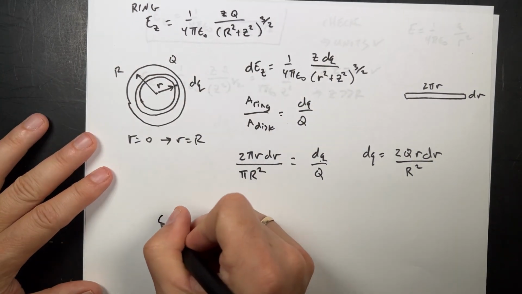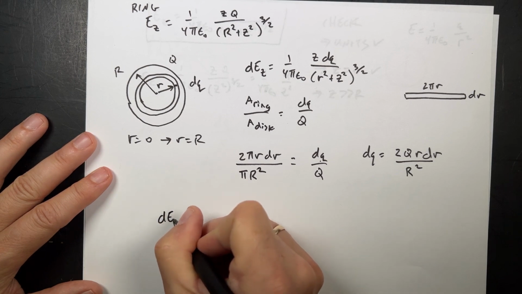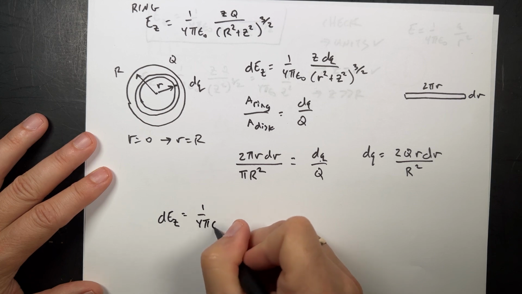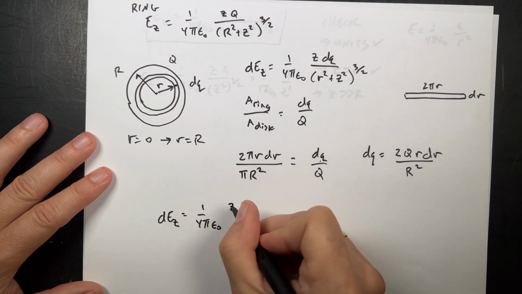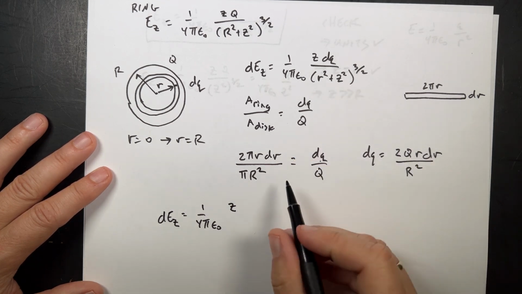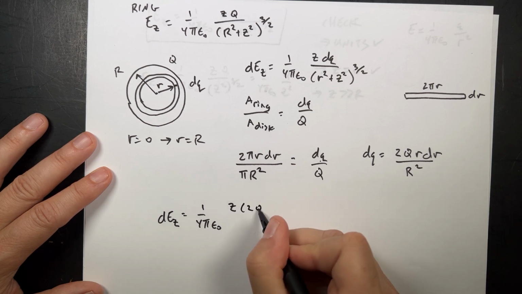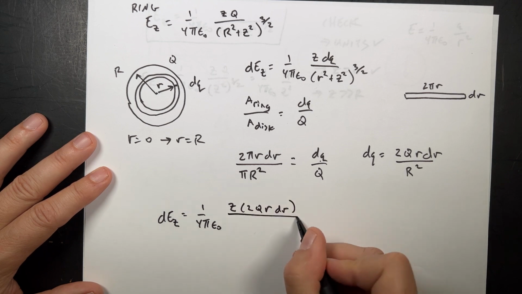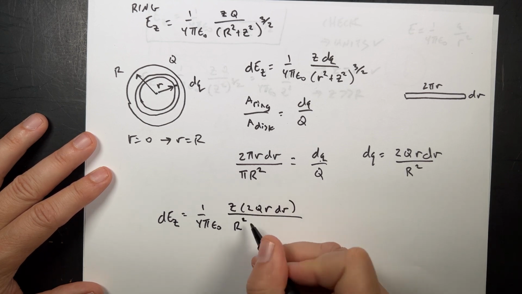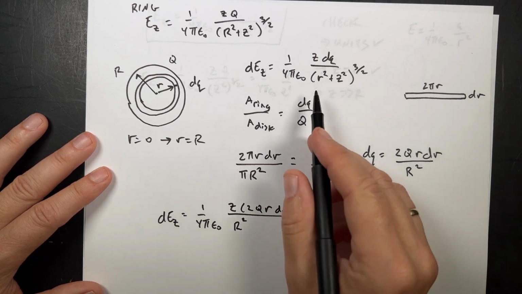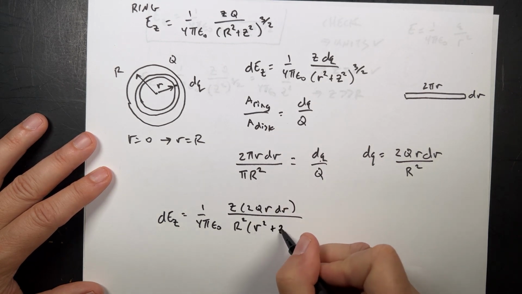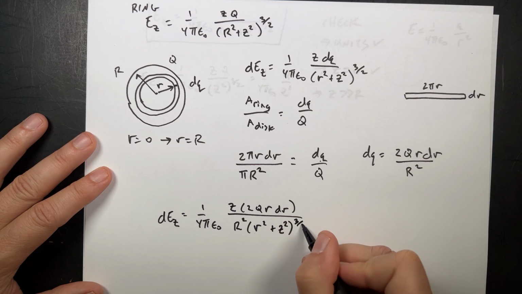So I get dE_z equals 1 over 4 pi epsilon naught z. dq is going to be this, I'll just put it as 2Q r dr over R squared. That's my dq. And then I still have r squared plus z squared to the 3 halves.